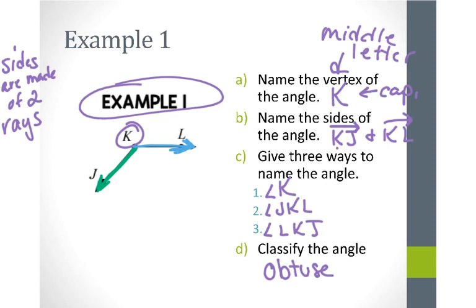So you have ray KJ and ray KL. And then naming it 3 ways: you can name it based on the middle vertex, you can use going this way, or you could name it going in the opposite direction, working backwards.